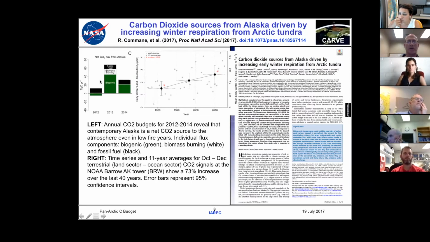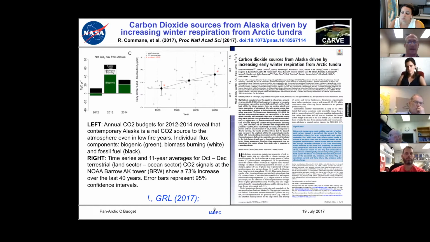Linking that in with our estimates of the Alaskan carbon budget for the last several years suggests that sometime during the 1980s or 1990s, Alaska transitioned from being a net carbon sink to being a net carbon source, and that we are on a trajectory moving forward into the near term where that source is going to increase over time. It's a very interesting question whether this applies to the rest of North America and even to the rest of the Pan-Arctic. And there are some other studies that Dave and others can tell us about that address that.